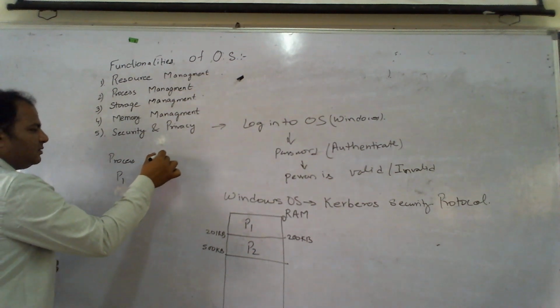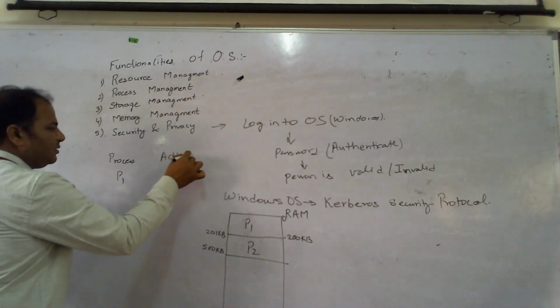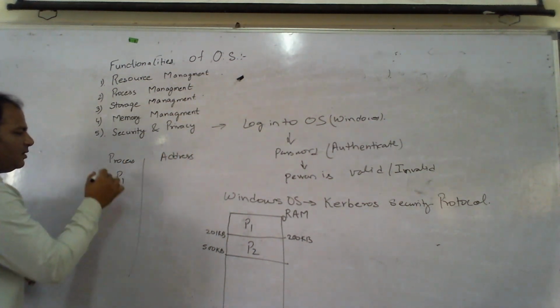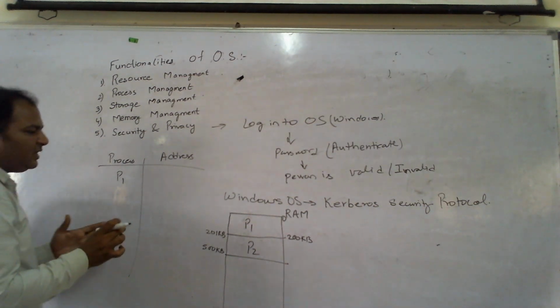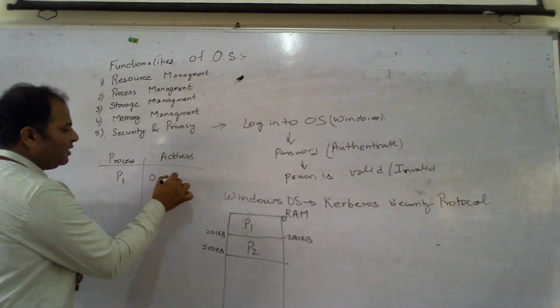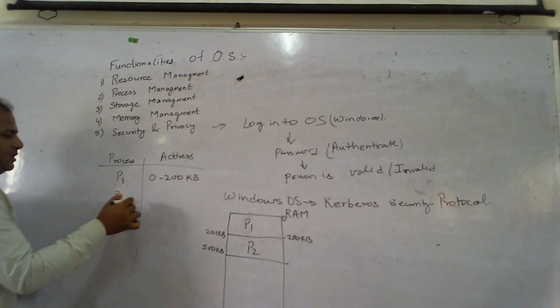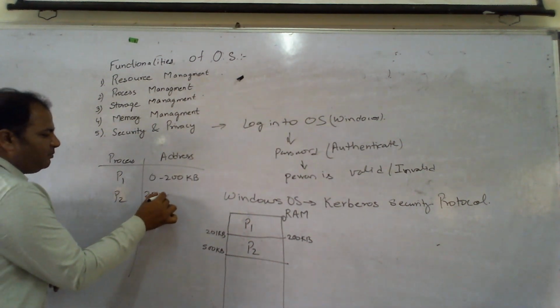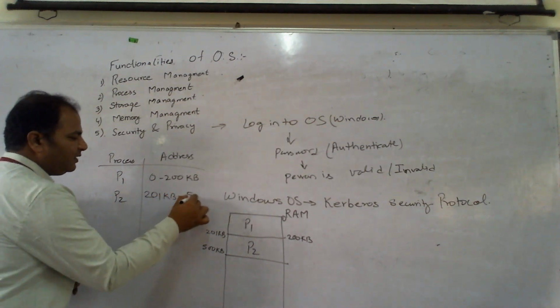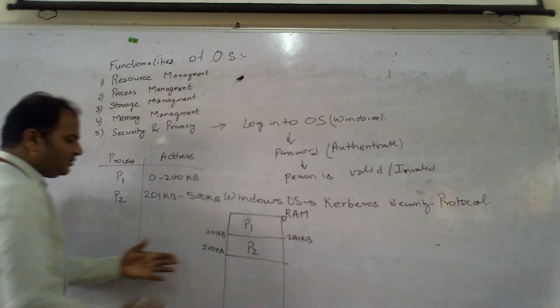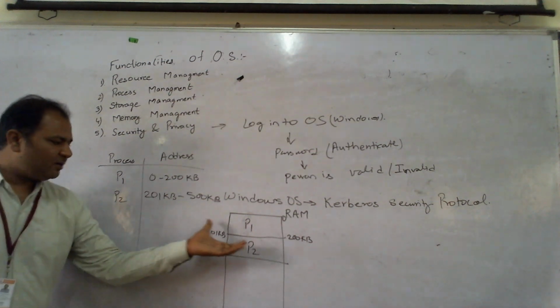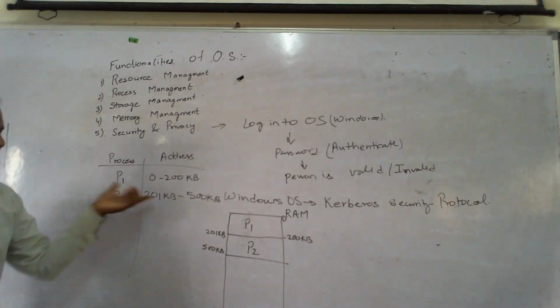Process P1 is utilizing from 0 to 200 KB of space, and the P2 process is from 201 KB to 500 KB. I have just written the space in these terms.